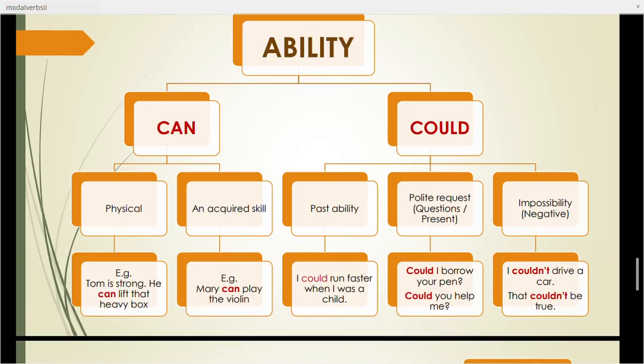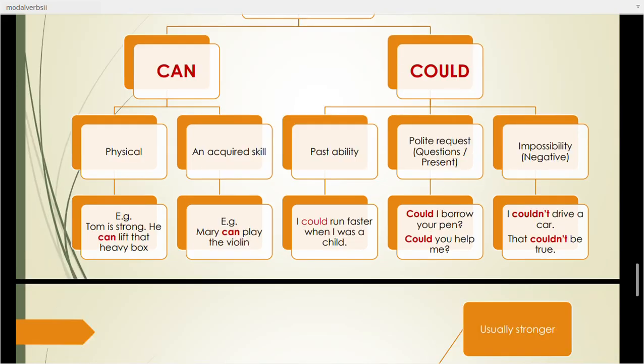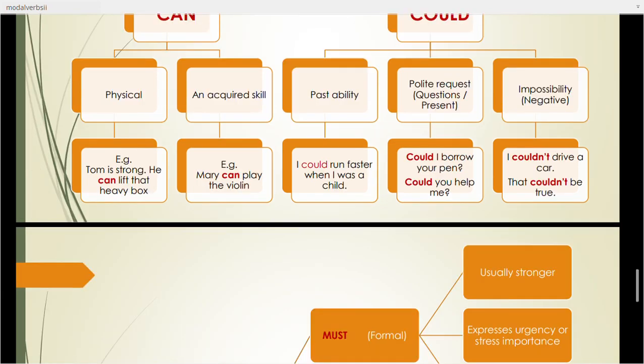Another word that we can use in this situation is could, which is divided into three characteristics: possibility, polite request or question in the present, and impossibility, which refers to a negative form. Okay, in the possibility, one example would be, I could run faster when I was a child.